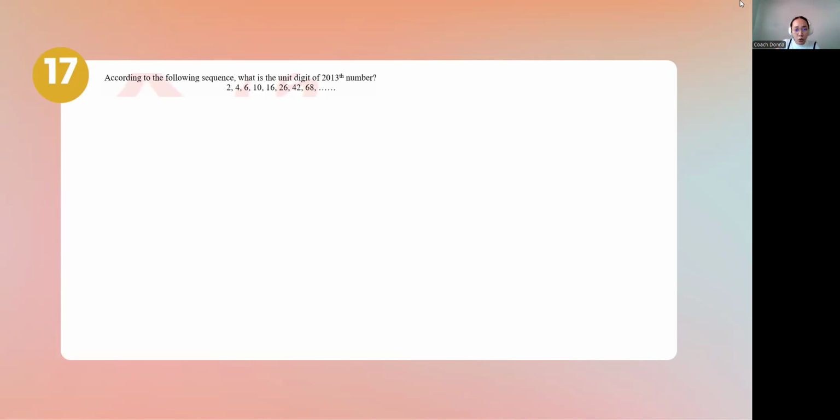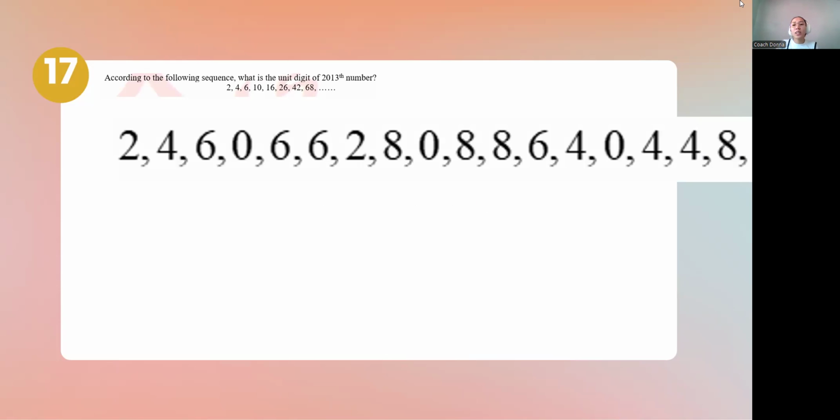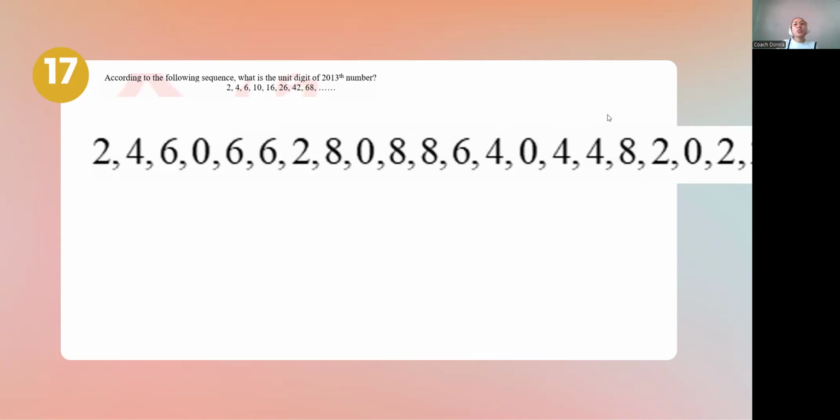All right. To show you, for number 17, it's this one right here. So this is the 20 unit digits if you continue increasing the number here on the screen.